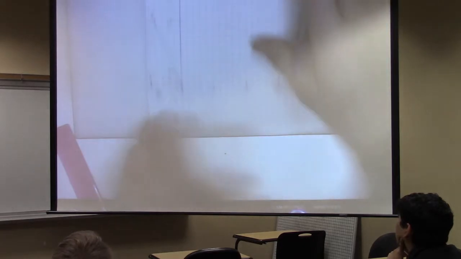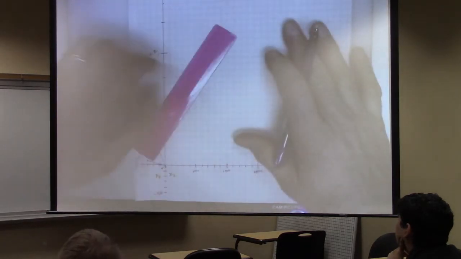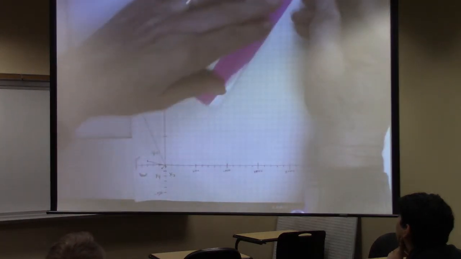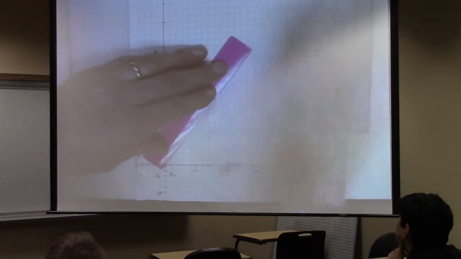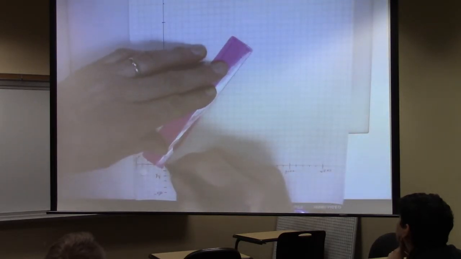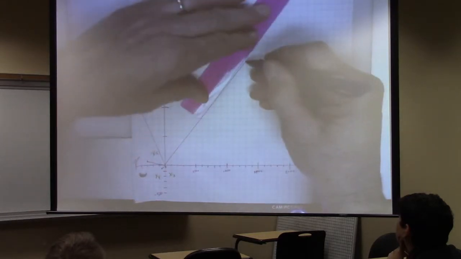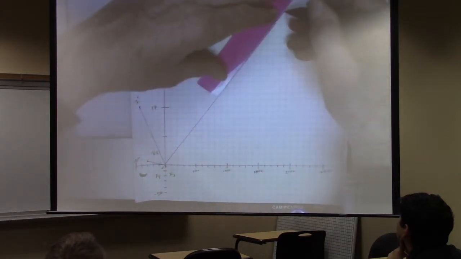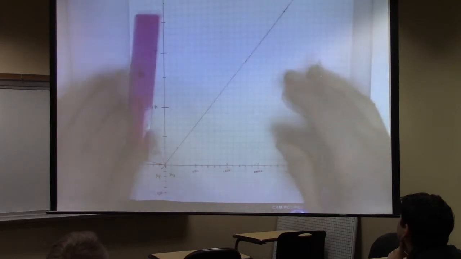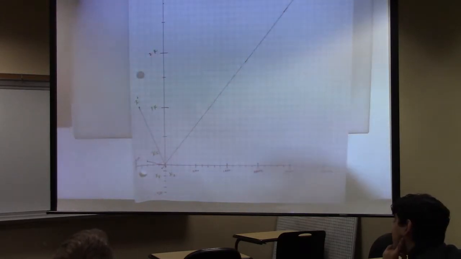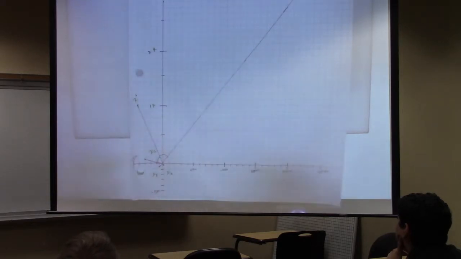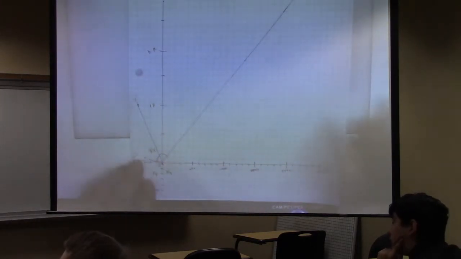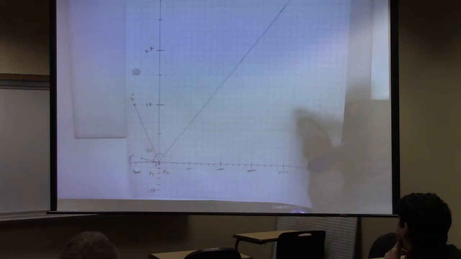It still looks like it's rotating about the same angle. This one's way out there. That's close. Okay, so these angles, it's hard to tell when these get smaller, but it still looks like an expansion and a rotation.